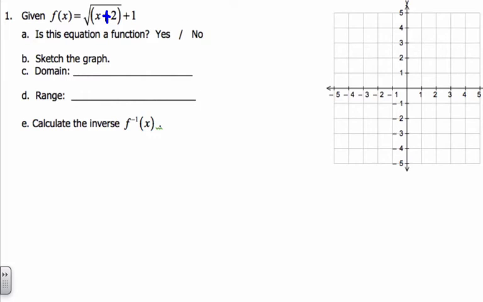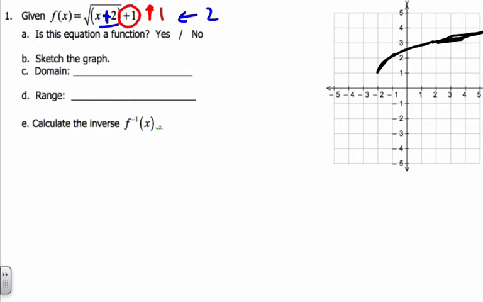Well, the easiest way I can think about it is to start off with my square root function, which looks like this and starts here. The plus 2 means I'm going to shift it this way by 2. The plus 1 means I'm going to go up by 1. So my graph is going to go over 2 and up 1. Here is my new function.